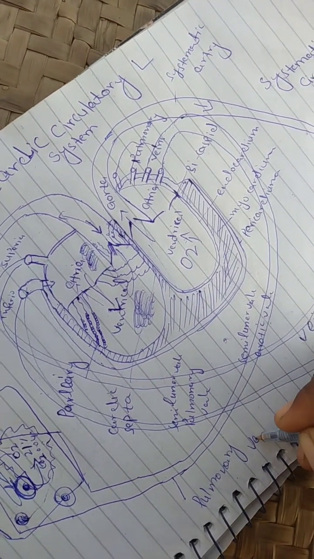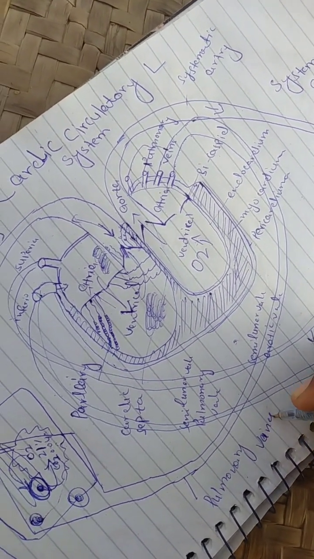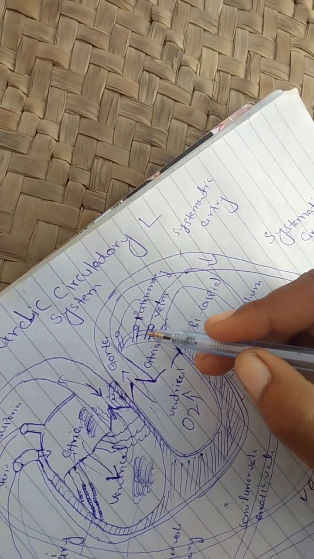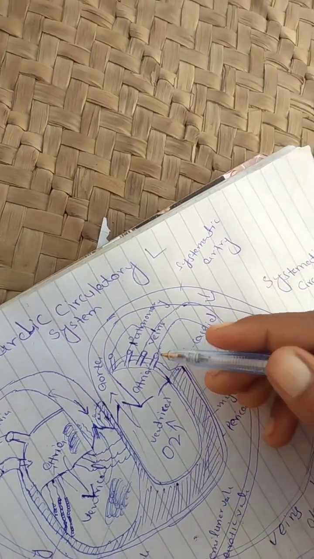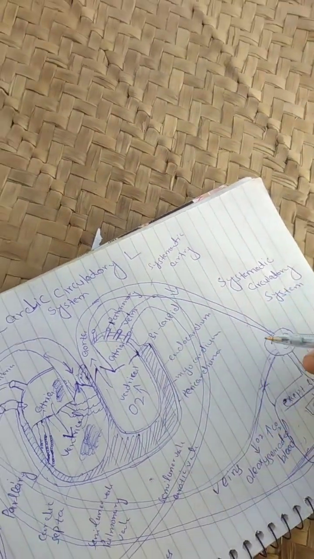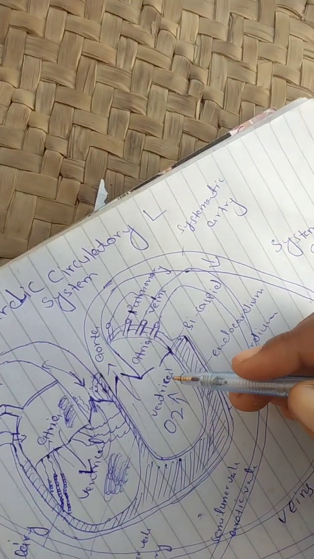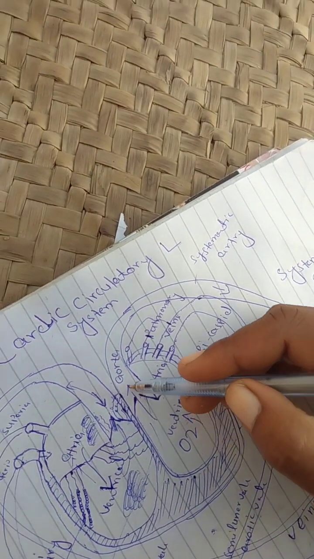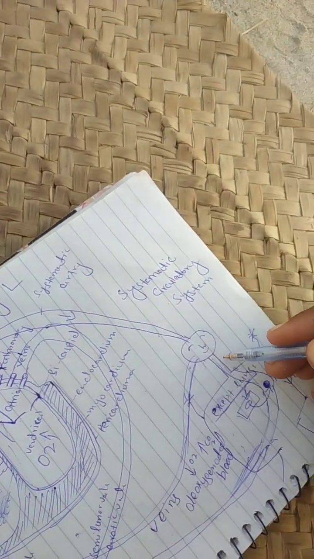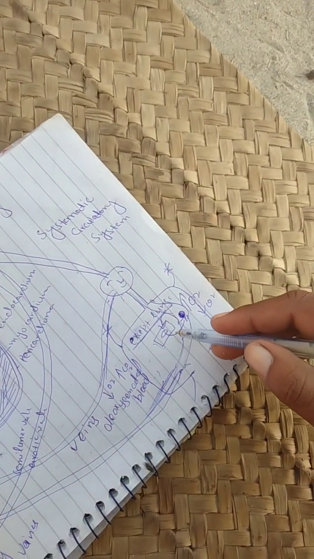Four pulmonary veins open into the left atrium, the atrium opens into the ventricle, and the ventricle pumps this oxygenated blood into the aorta. The aorta carries this oxygenated blood toward all parts of the body, and the cells need oxygen.